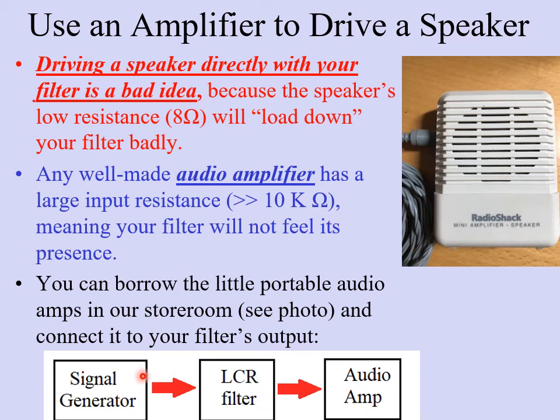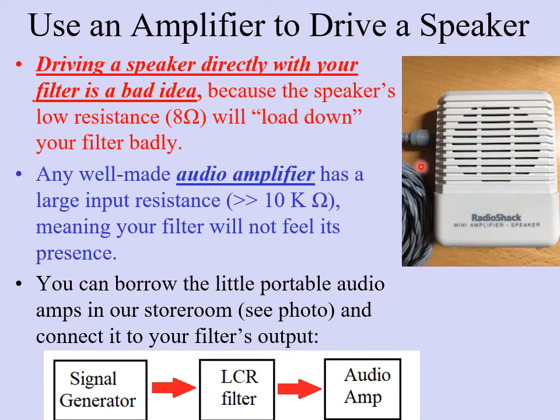So here's your setup. You have a signal generator, and this can be a standalone signal generator, or it can be one that's built into the PC in your Analog Discovery kit, for example. That signal generator puts a frequency signal into your LCR filter, and then the output of your filter connects onto one of these audio amplifiers.